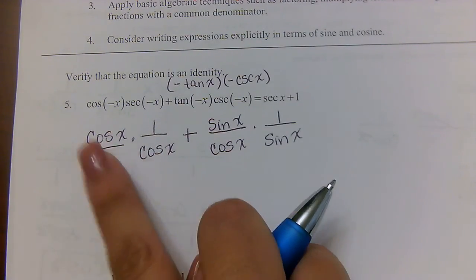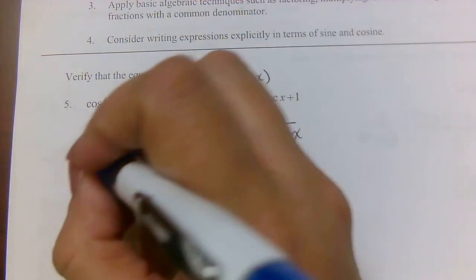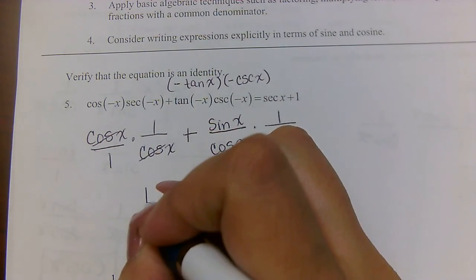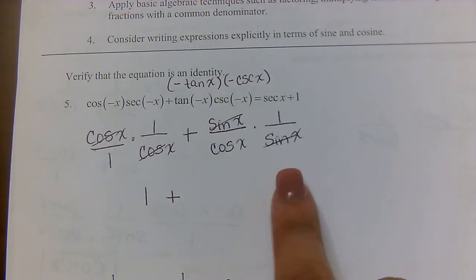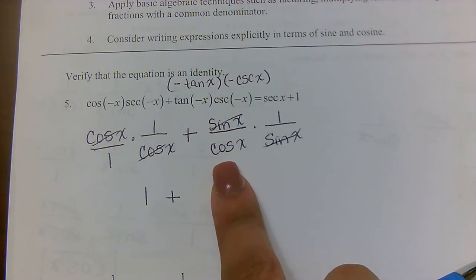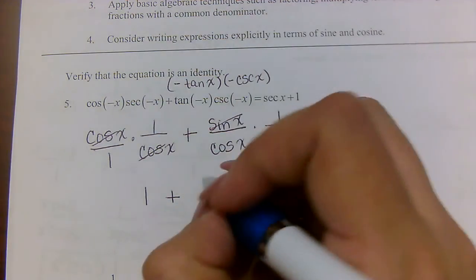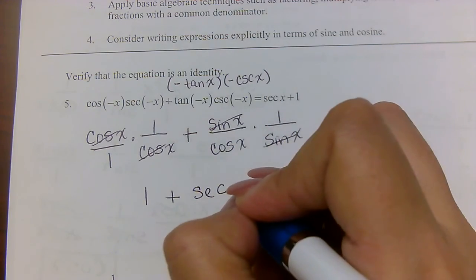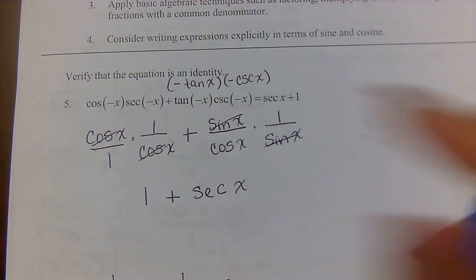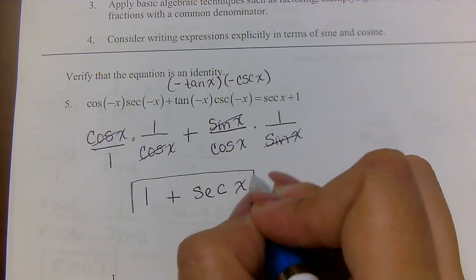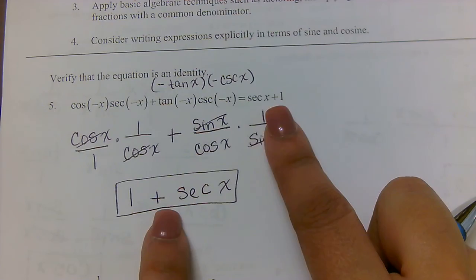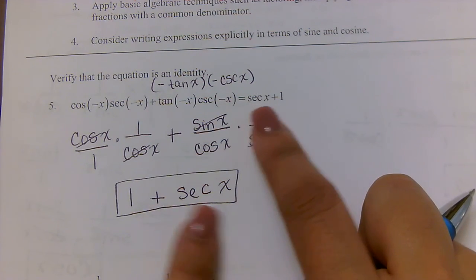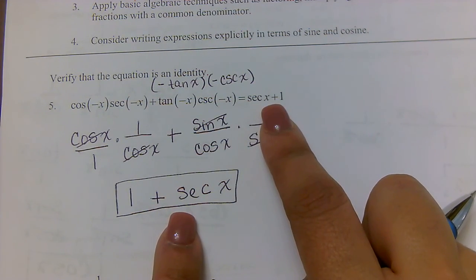These two will cancel, so I'm left with just a 1 here, plus 1 over cosine. 1 over cosine is the same thing as secant. So that's going to be your answer. Can't simplify it more than that. And you can see that this matches this. Since they match, we verified that this is an identity.